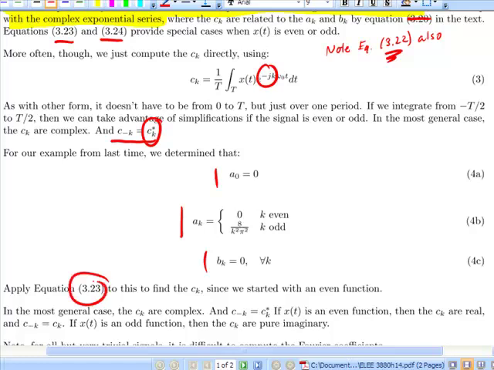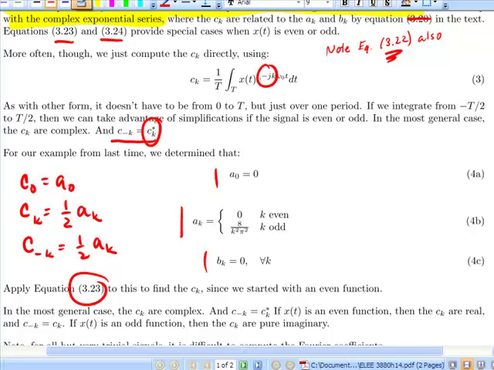If we apply equation 3.23 to this, we get C0 equals A0, and CK is equal to 1/2 AK, and C minus K equals 1/2 AK. So that's how we would find the CK once we've already found the AK and BK.